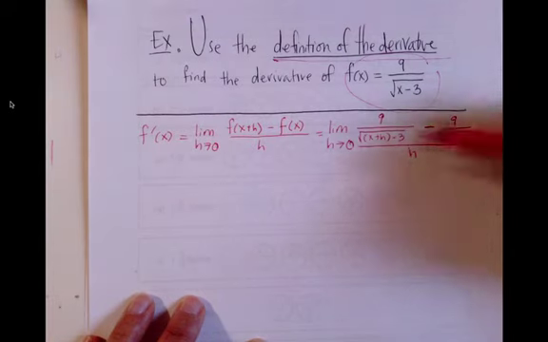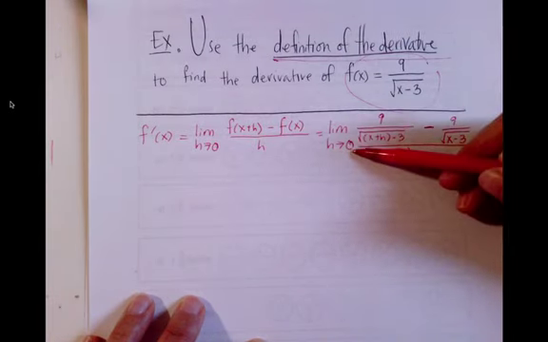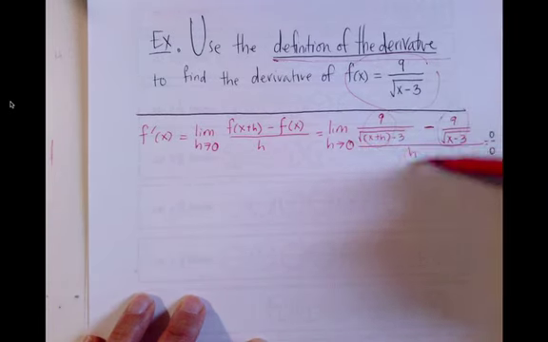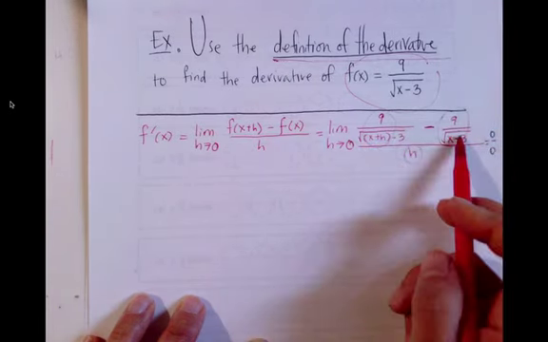If I try to let h go to 0, then this limit is indeterminate, so I need to do some algebra. The first thing I notice is that I've got lots of fractions inside of fractions, so I'm going to try to clear those out.